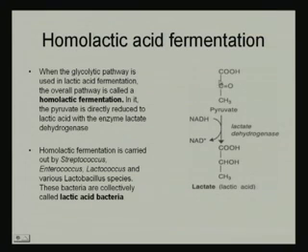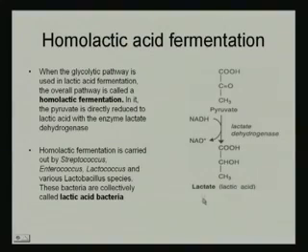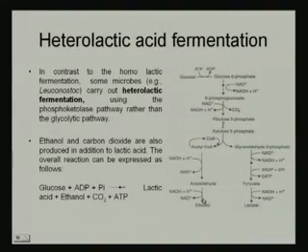See, this is the pyruvate, and in the presence of lactate dehydrogenase, it is converted to lactic acid. The microorganisms participating in this conversion are Streptococcus, Enterococcus, Lactococcus, and different strains of Lactobacillus, which are the bacteria efficiently producing homolactic acid.